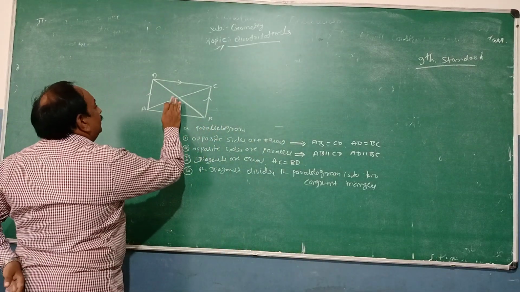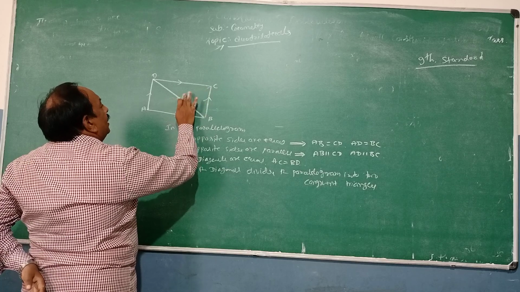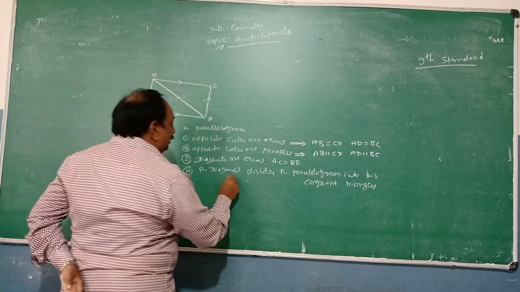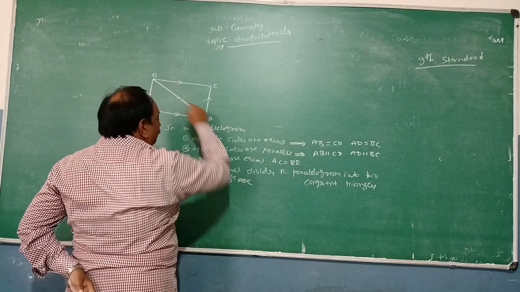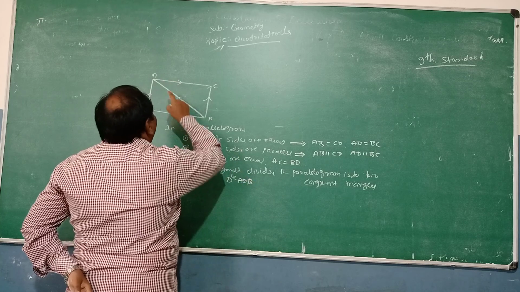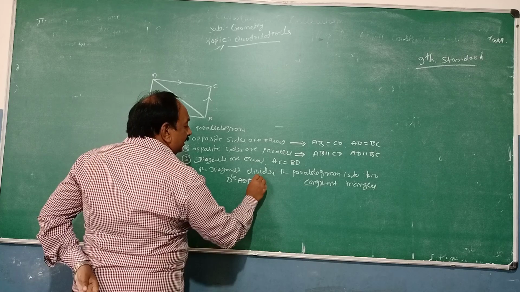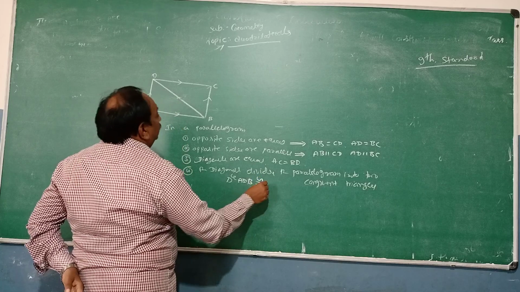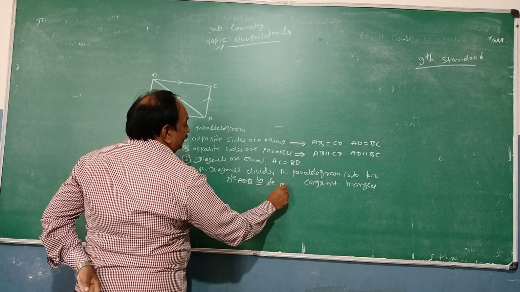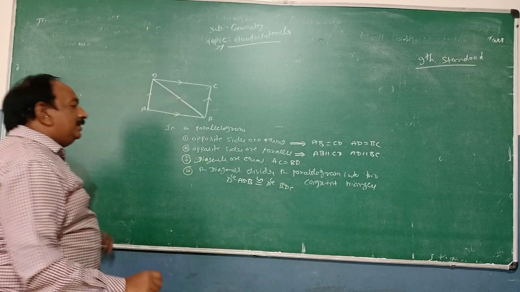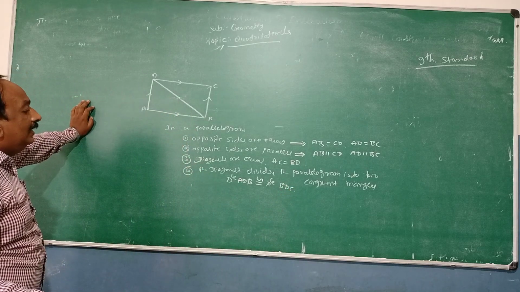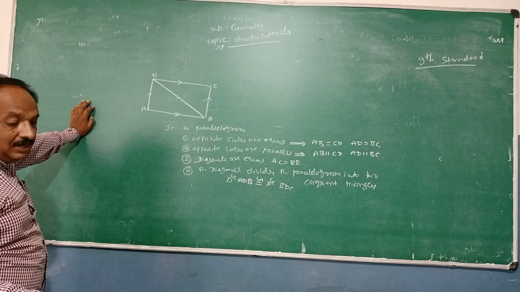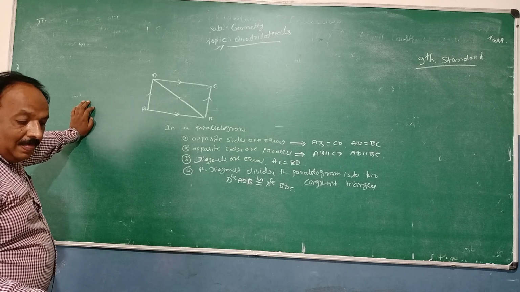It means that if I draw this one diagonal, there are two triangles. Triangle ADB is congruent to triangle BDC. The diagonal divides the parallelogram into two congruent triangles.